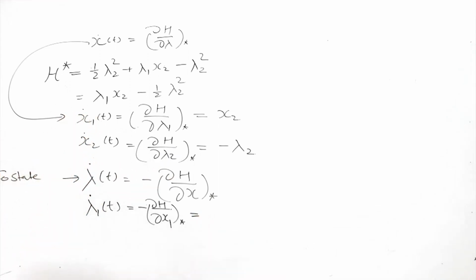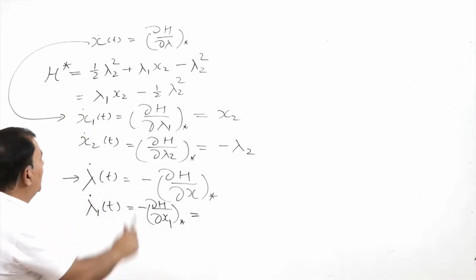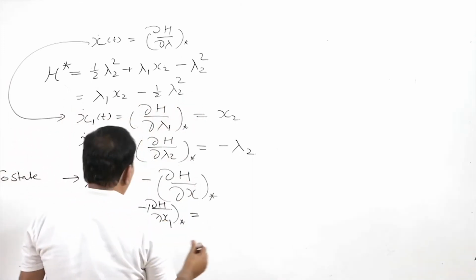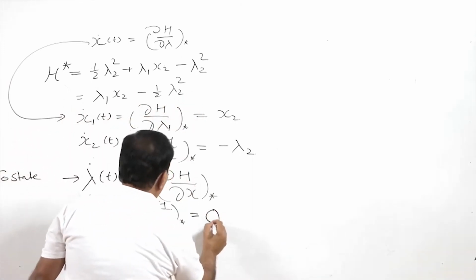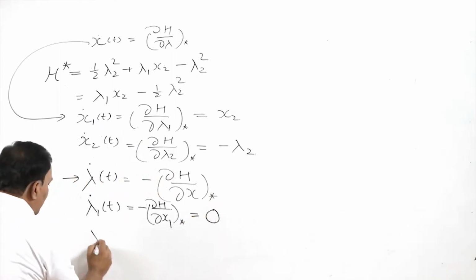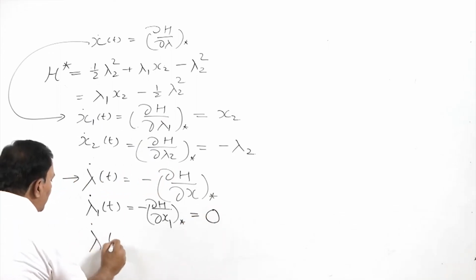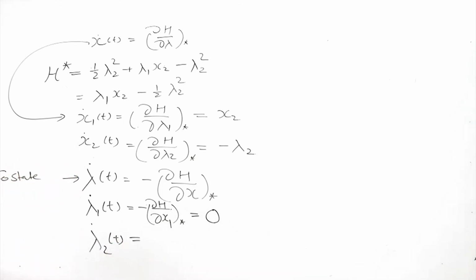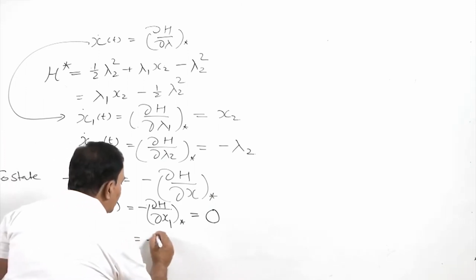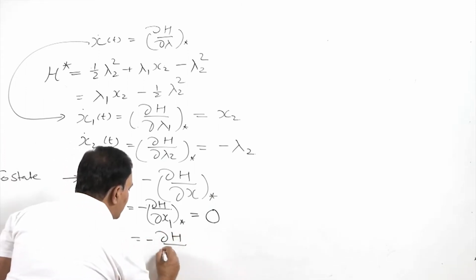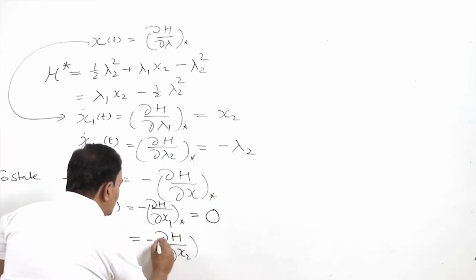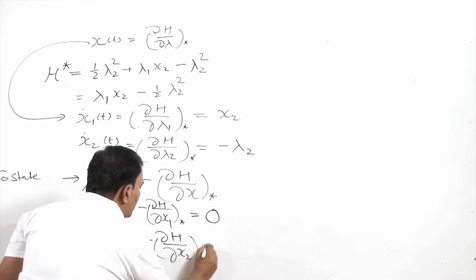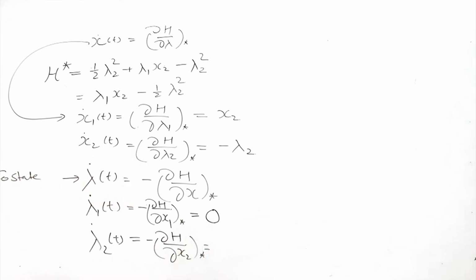If we differentiate this, there is no x1 term, so this is 0. Similarly, lambda 2 dot t is minus del h by del x2.